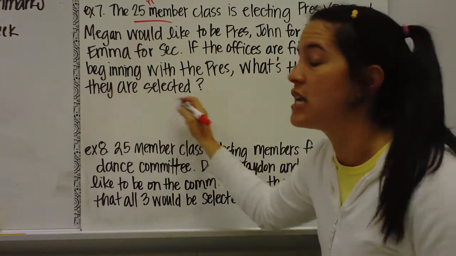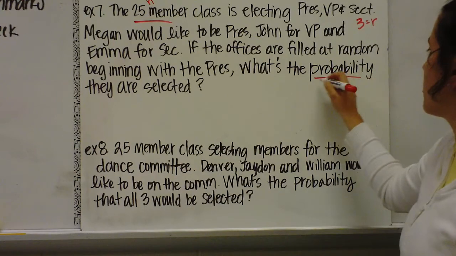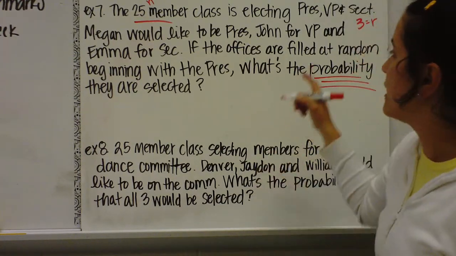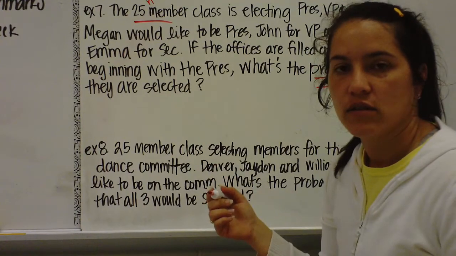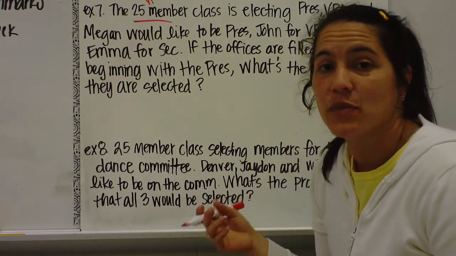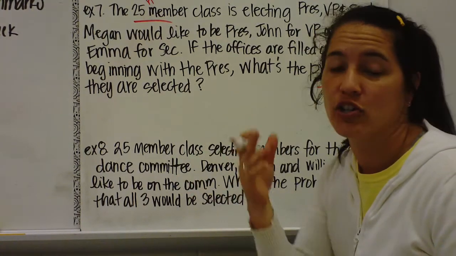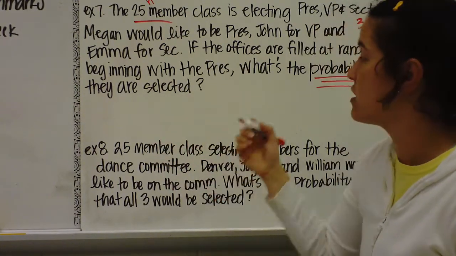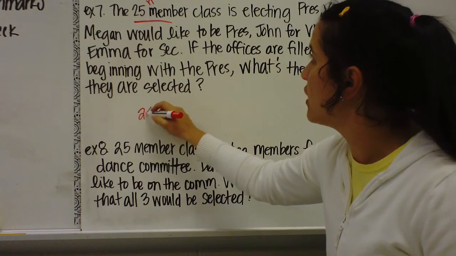So what is the probability that these 3 are selected? And you see the word probability, so underline that. We have to decide, is order important? And the answer is yes. President, vice president, secretary, it matters in that order. They want to be the president, vice president, secretary. So this is a permutation.